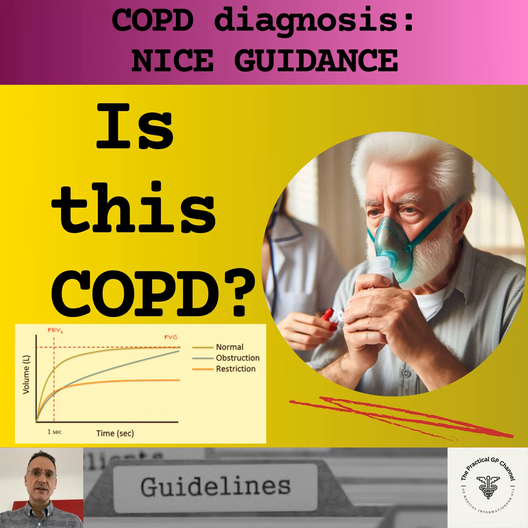In addition, we may also refer at an early stage, for example, if there is diagnostic uncertainty, if the patient requests a second opinion, if there is a rapid decline in the FEV1, if they are under 40 years of age or they have a family history of alpha-1 antitrypsin deficiency, if the symptoms are disproportionate to lung function deficit, if they have frequent infections in order to exclude bronchiectasis, and if they have hemoptysis to exclude cancer.